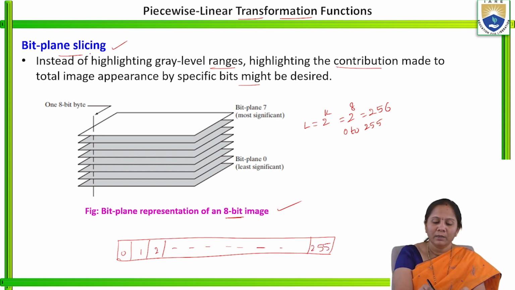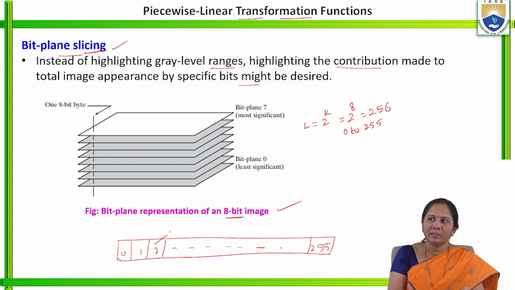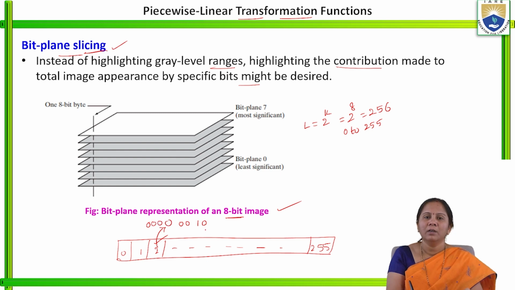In bit plane slicing, each pixel will be represented by 8 bits. For example, if we consider this 2, it will be represented as 8 bits. So here 1, 0, the value is 2. In order to represent that using 8 bits, it can be represented like this.